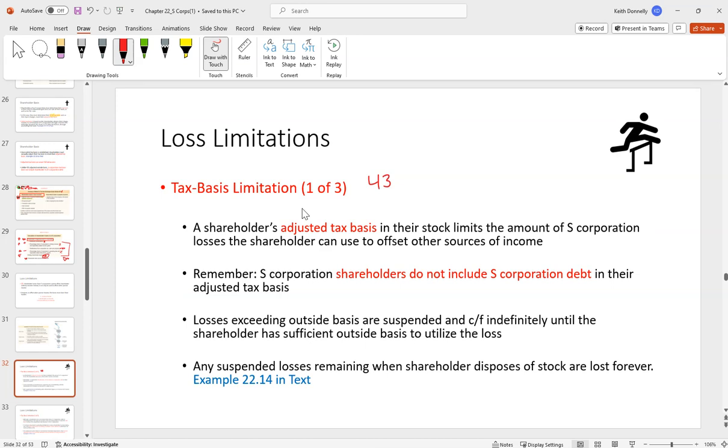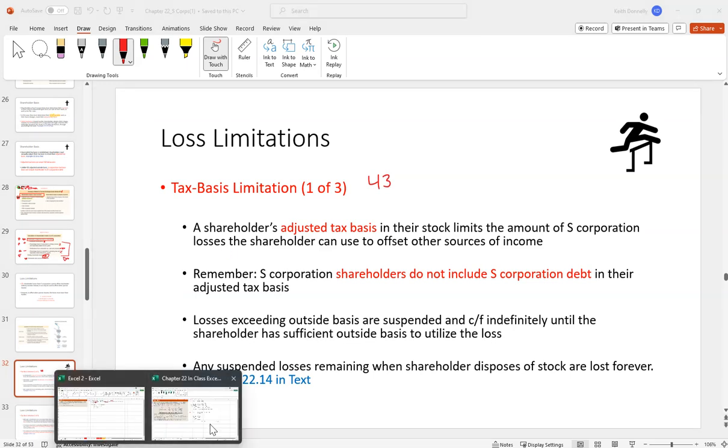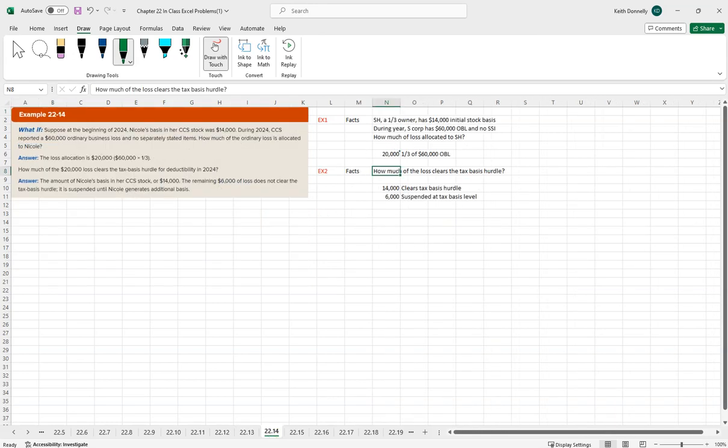Remember, as a general rule, we don't include any external debts of the S Corp. However, do be aware there's something called a debt basis. The idea with the debt basis is that if you have losses in excess of your tax basis, then you will reduce your debt basis. But let's look at 2214 first, and break it out step by step. This says we have a $14,000 basis.